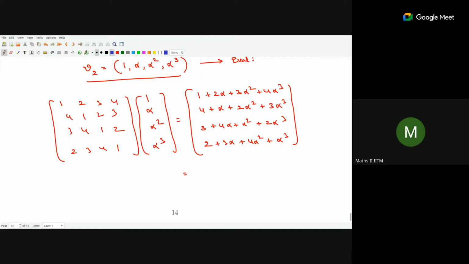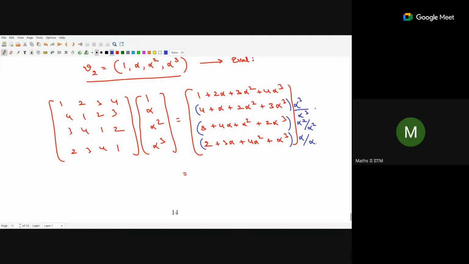But what I will do is, I'll simply multiply the second row by alpha cube and divide by alpha cube. For the third row, I'll multiply by alpha square and divide by alpha square. For the last row, I will multiply by alpha and divide by alpha.